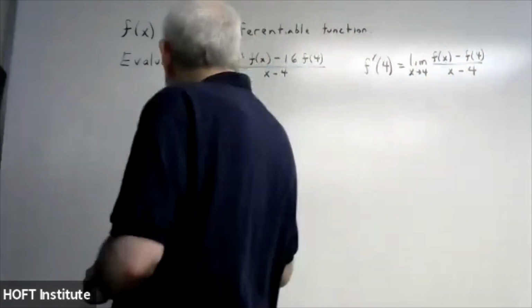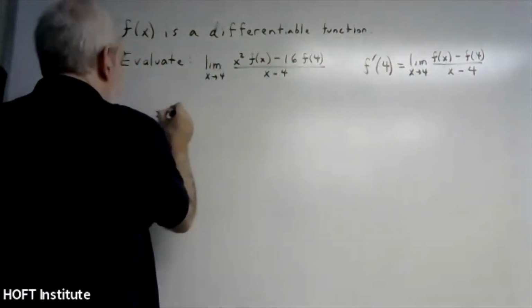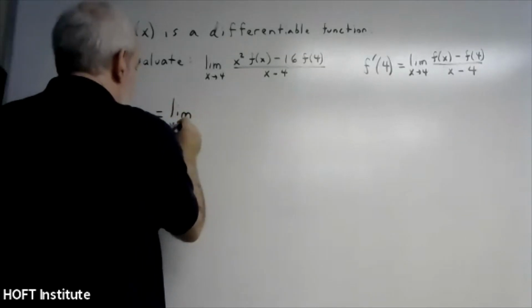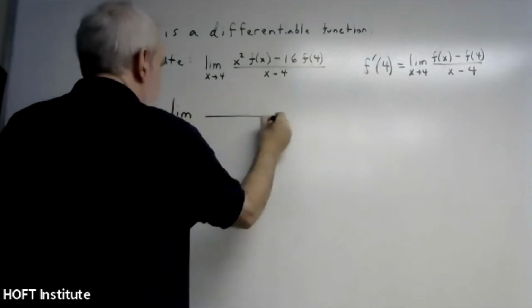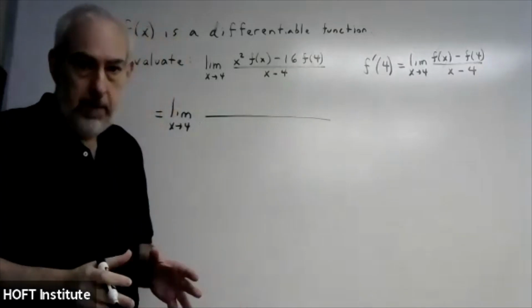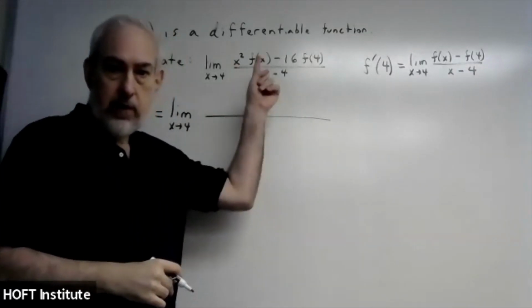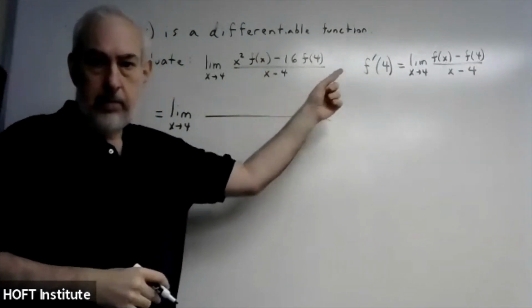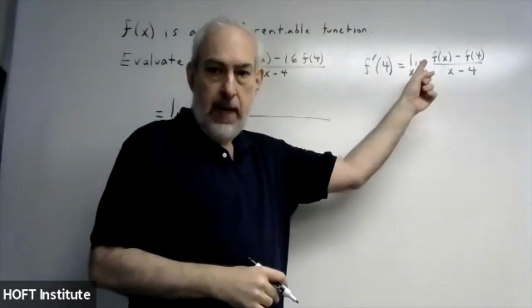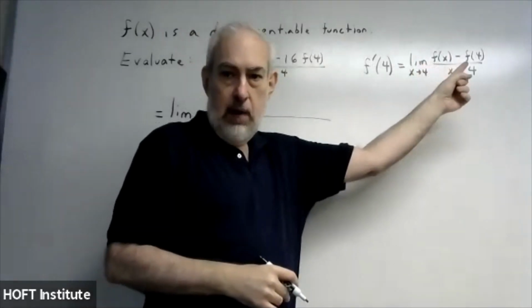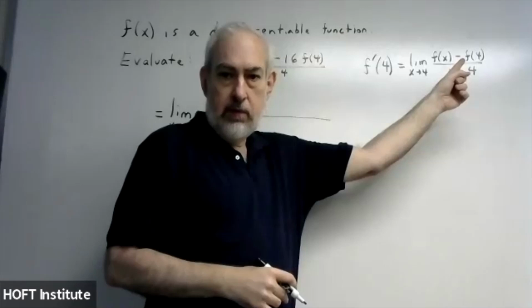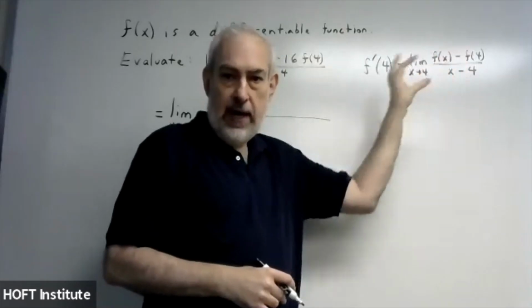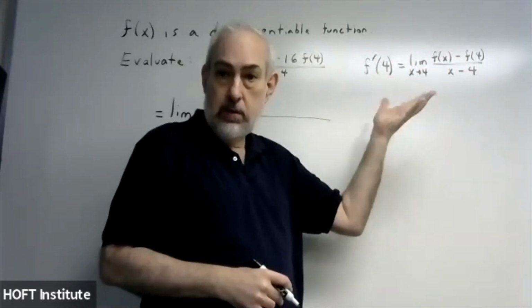Okay, so here's what we need to do to simplify this. Here's my thinking. Since I have an x squared in front of this f of x, if I multiplied by x squared times this, I would want to multiply by x squared times this as well, and then maybe I could just factor the x squared out somehow, okay?